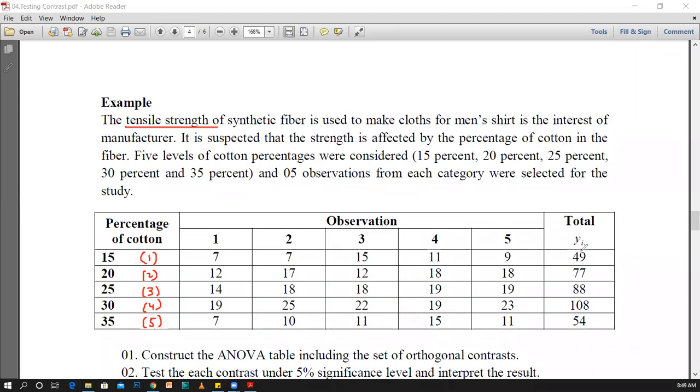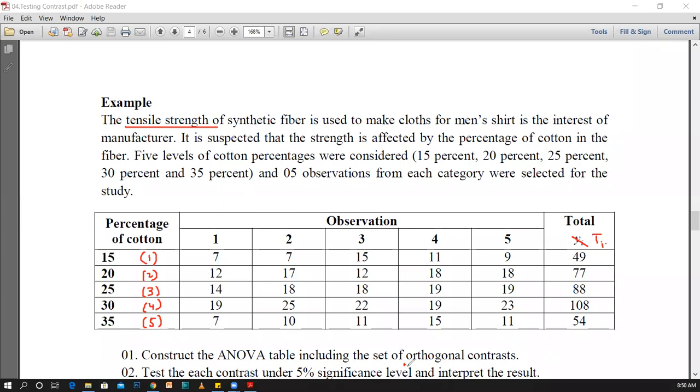Here, the notation should be Ti dot, not Yi dot. Ti dot is the total.